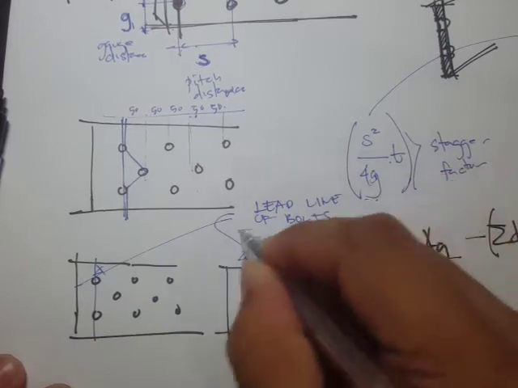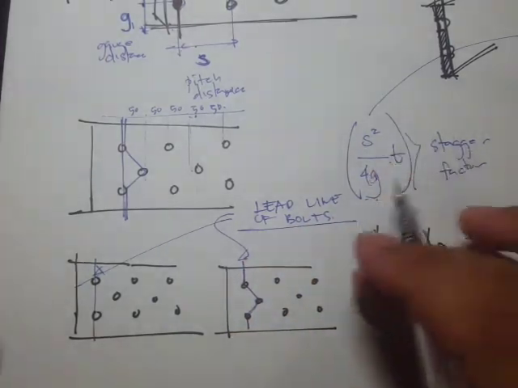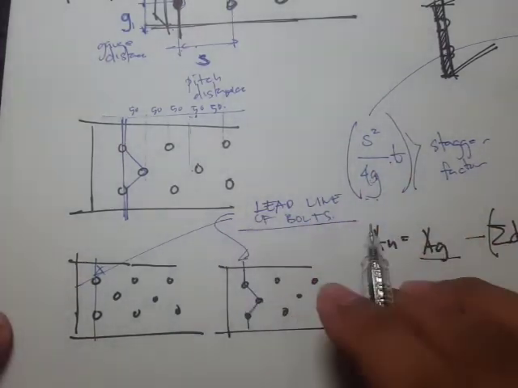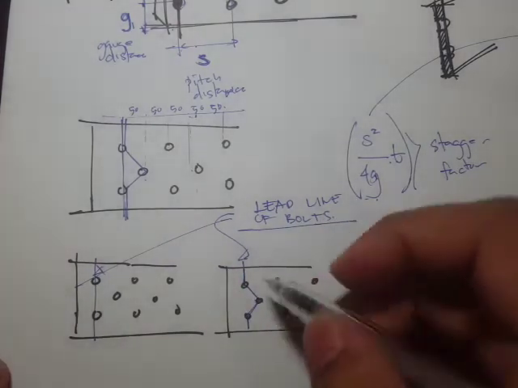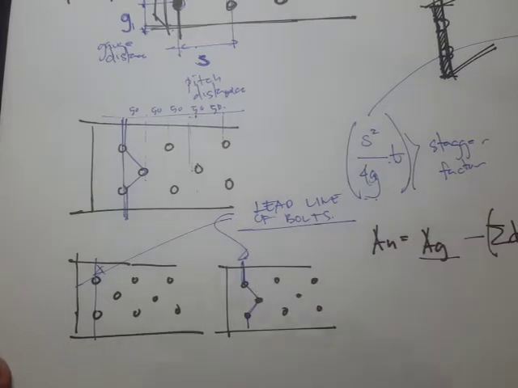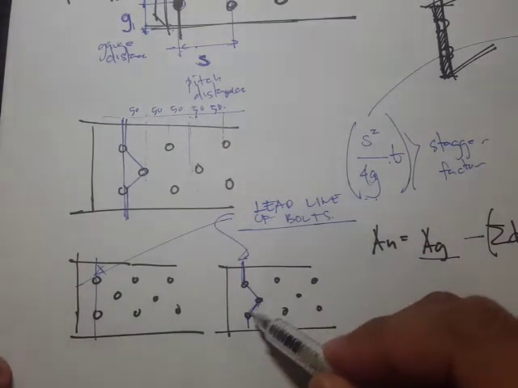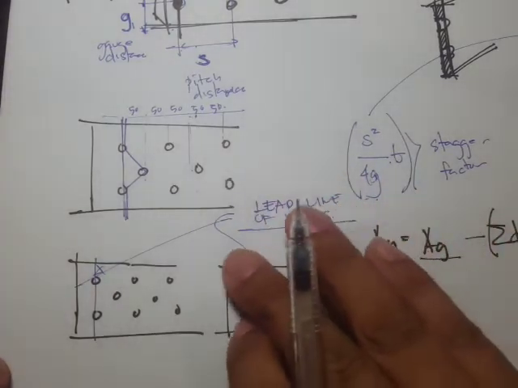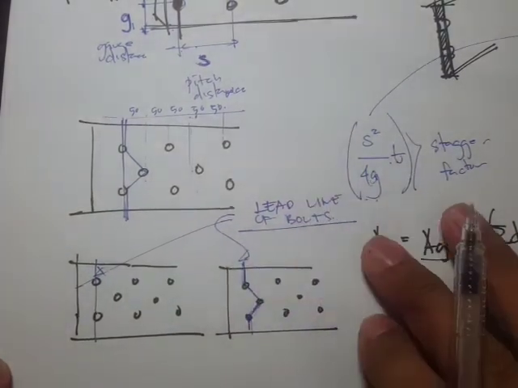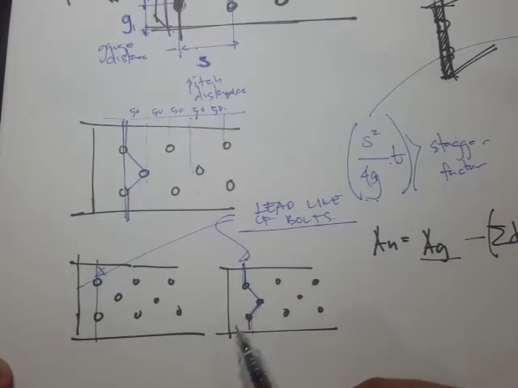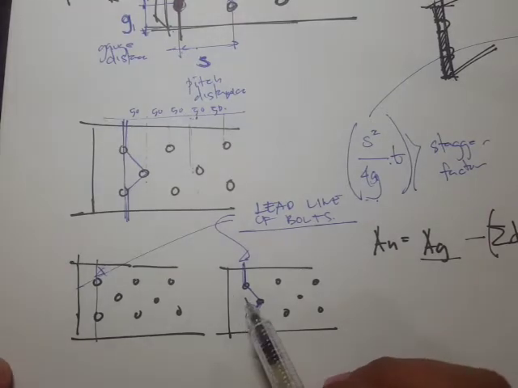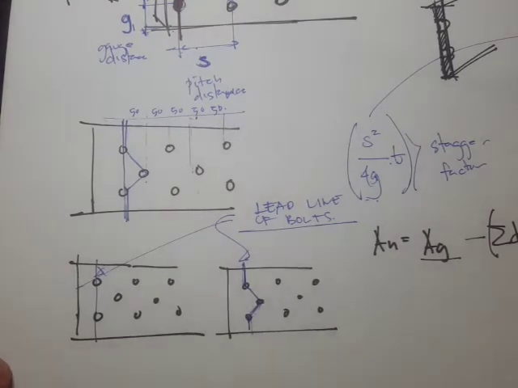Meaning you have to take these bolts as a group, so they are together. If there's going to be a fracture, then this group of bolts should be on one side, and there should be no bolts left on the other side.